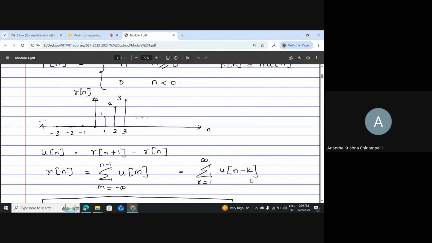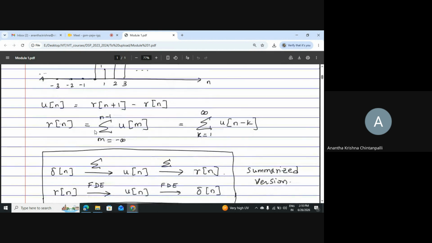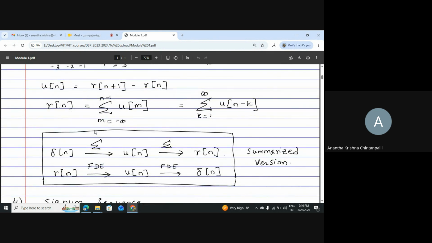Now, u of n minus 2, u of n minus 3, you do that and then add it across. Once you add it across, what you get is r of n here. One important point is why it is 0: just to make sure that at n equal to 0, r of 0 is 0.